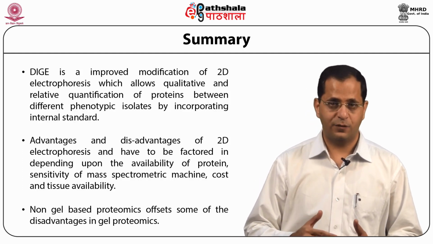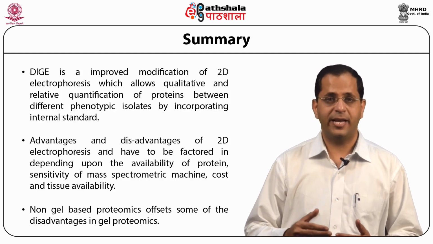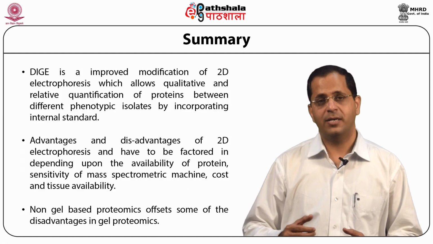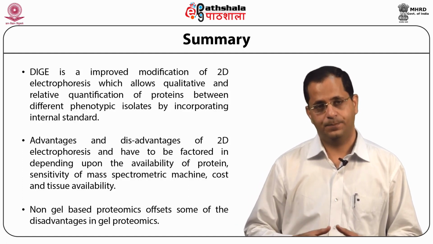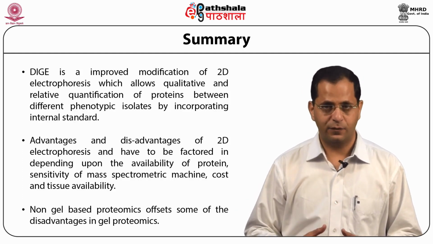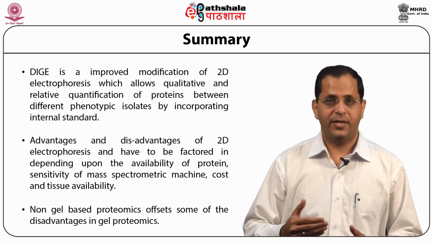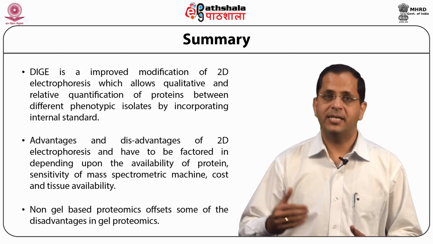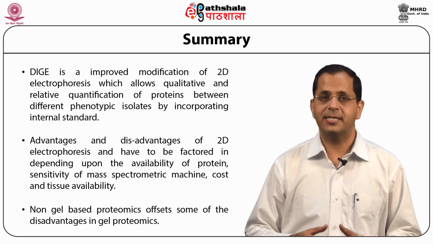Applications of 2D electrophoresis include protein profiling and differential expression analysis for drug target identification and biomarker discovery. DIGE is an improved modification of 2D electrophoresis which allows for qualitative and relative quantification of proteins between different phenotypic isolates by incorporating the internal standard.